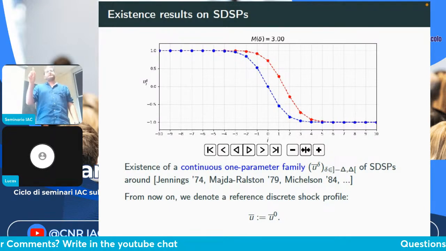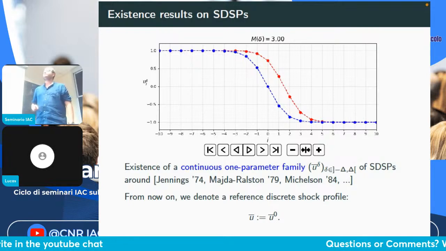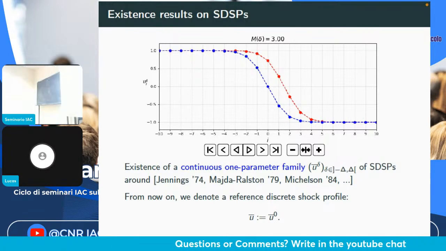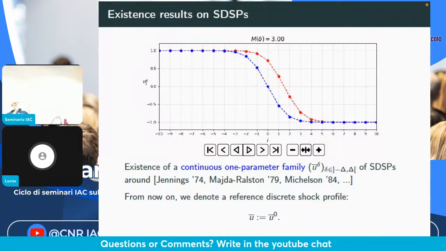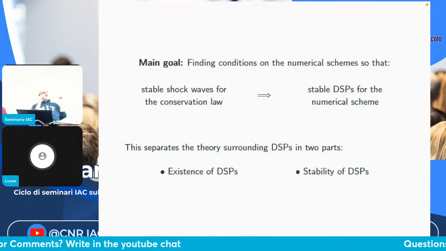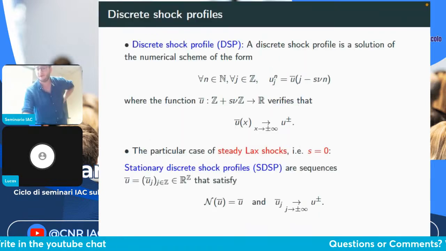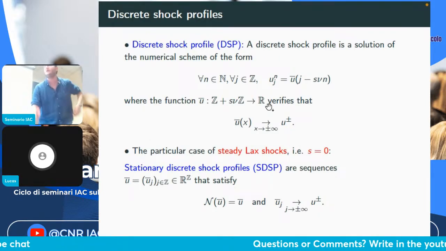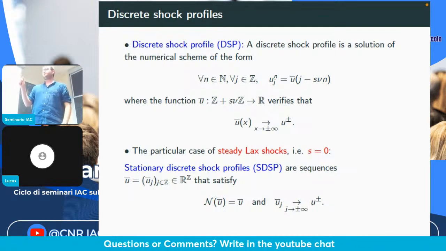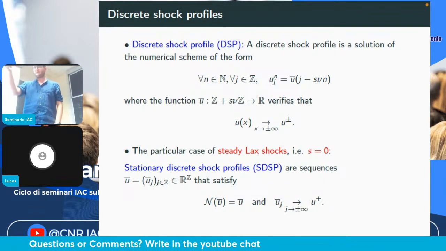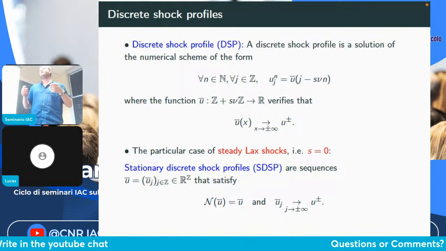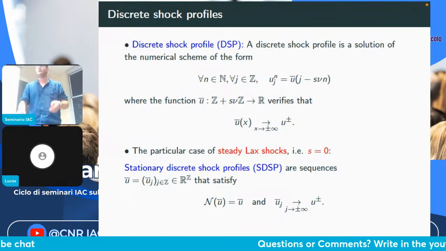So you don't have only one discrete profile. Sometimes it is clear, since the problem is invariant by translation, any translation of this problem is a solution. Yes and no. It's trivial and not trivial because you don't have a whole profile on R that satisfies the properties. The general theory does not allow you to say I have a profile U here.